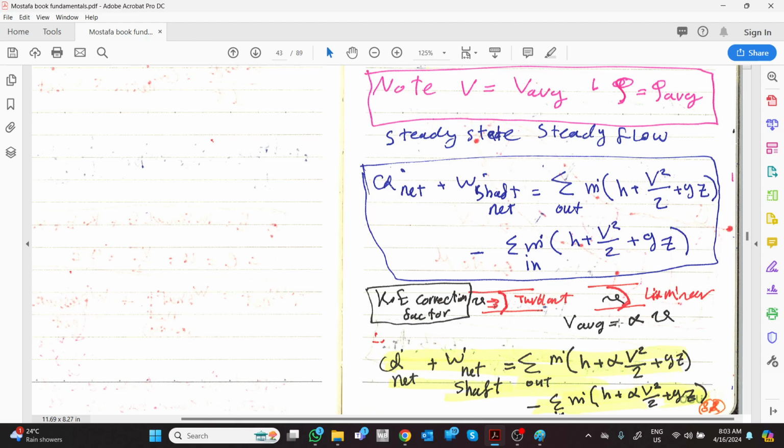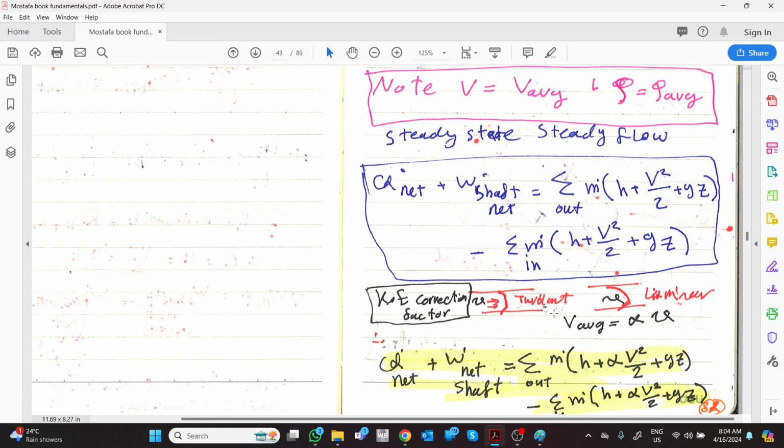Now we need to understand that velocity is an average, and the average depends on whether it is laminar or turbulent. For an accepted approximation, you can state that the kinetic energy is equal to V peak multiplied by a factor.